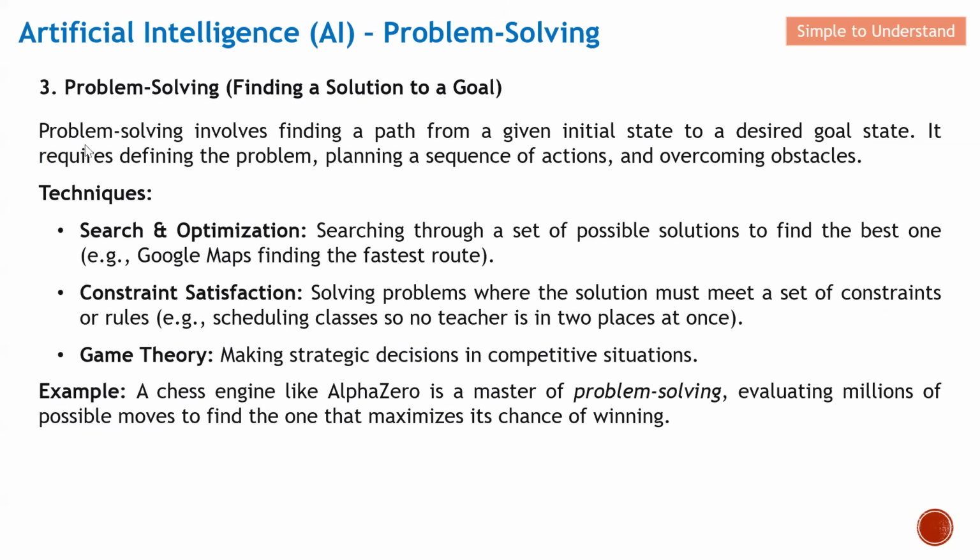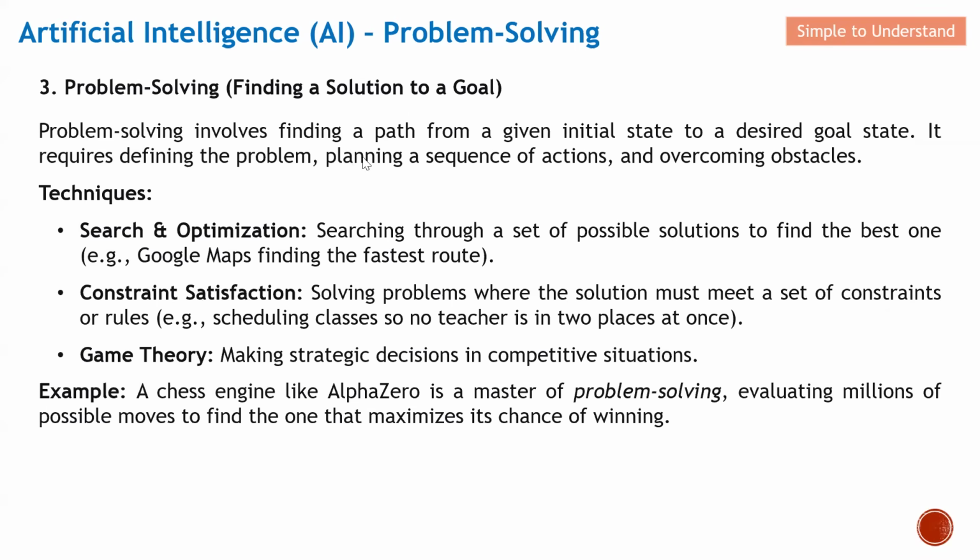Let me give you further understanding of problem solving. It basically involves finding a path from a given initial state to a desired goal state, and then they may find many other alternative paths also.